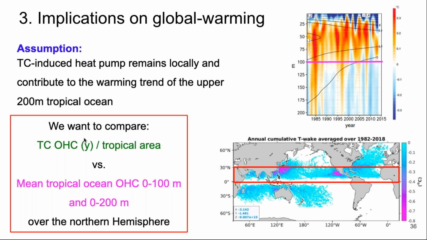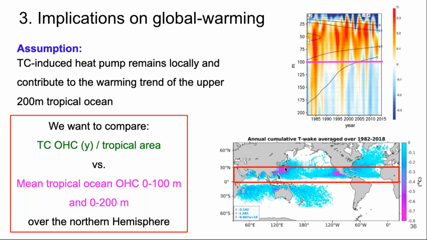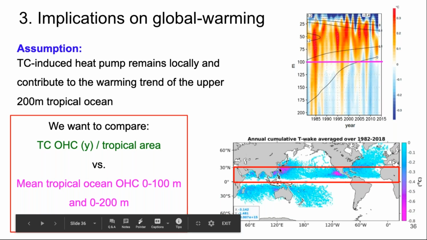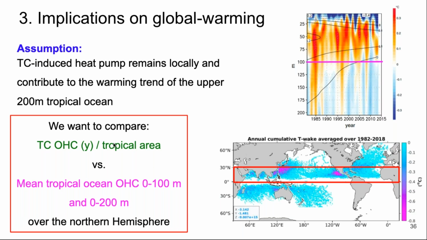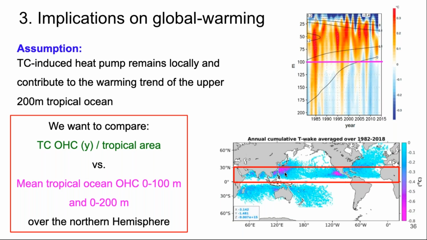So we can compare this by integrating all of the heat induced by TC from 0 to 30 degrees, and then we divide this total heat by the total area of the tropical ocean to get the mean value in joules per square meter induced by the tropical cyclone.